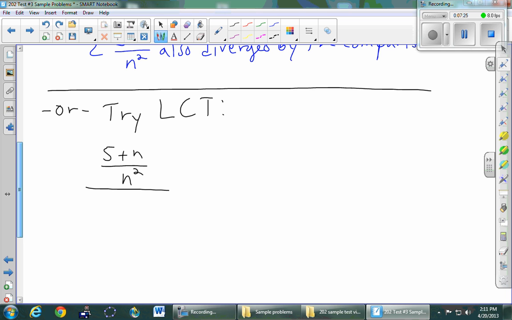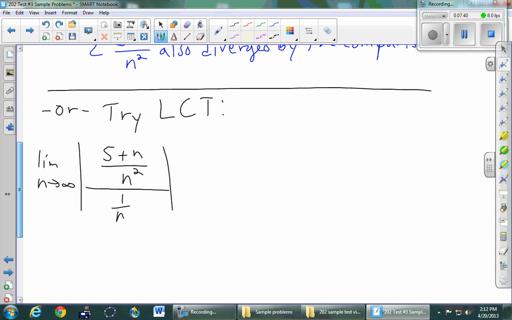The comparable series here was 1 over n. So 1 over n is the thing that we're going to put right there. And what we want to do is find the limit of this thing as n goes to infinity.